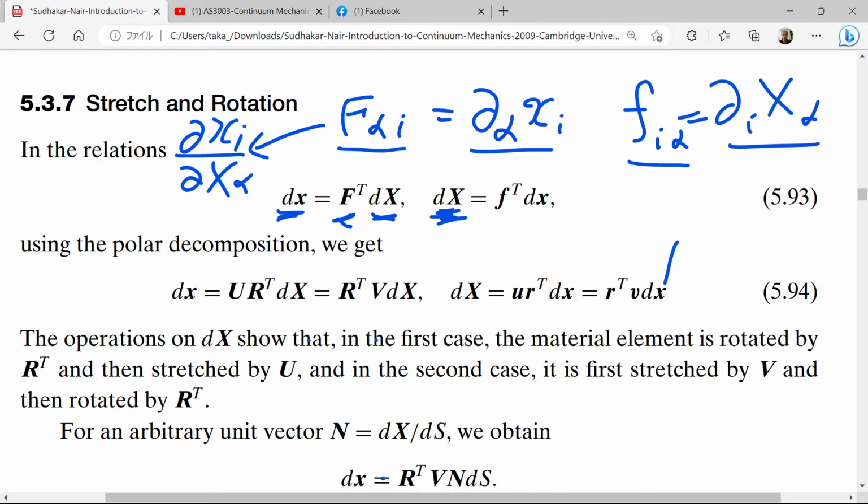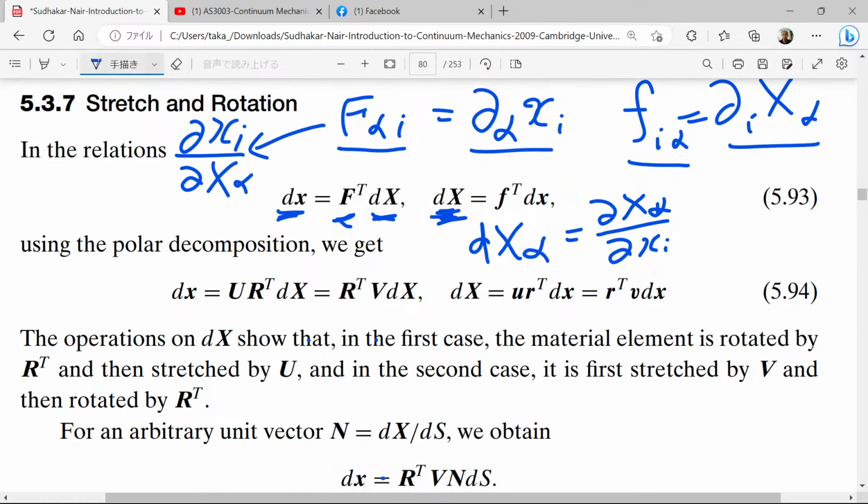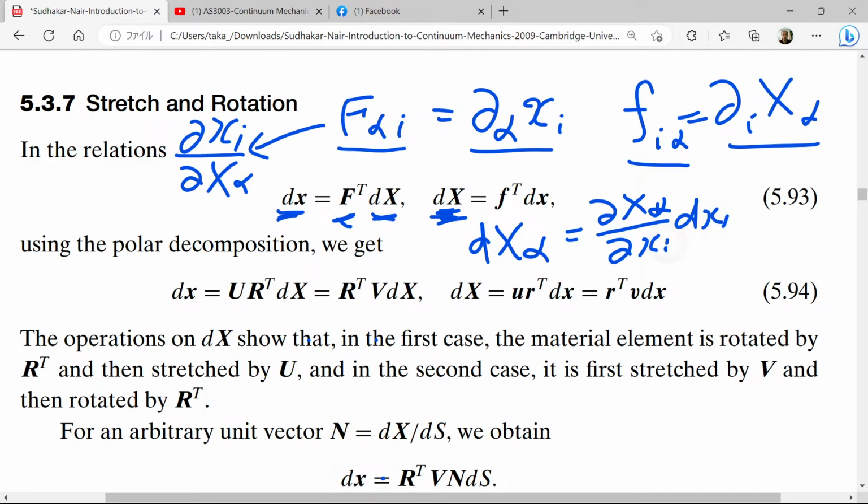If you consider one component, this is partial x alpha, small xi, then dx1, plus partial large x alpha, small x2 dx2, plus partial large x alpha, small x3 dx3.